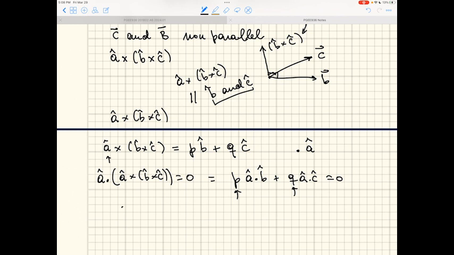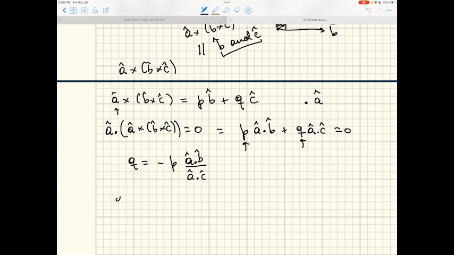For instance, Q can be written as minus P A dot B divided by A dot C. So it means that A cross B cross C is equal to PB, right?